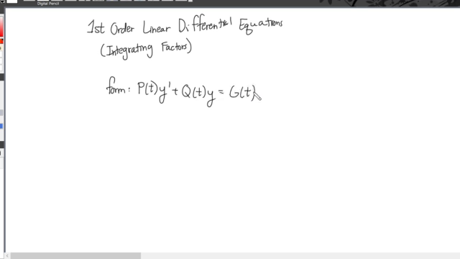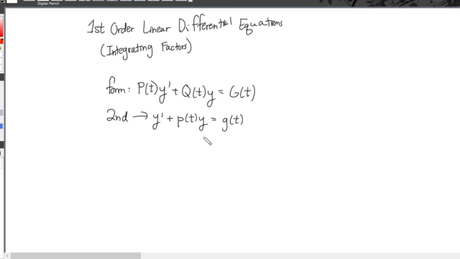And for this lesson, I'll actually be using the other form, which can just be obtained by dividing these by capital P of t. So the second form is just y prime plus lowercase p of t times y, which is just Q of t divided by capital P of t, by the way, and which is equal to lowercase g of t.